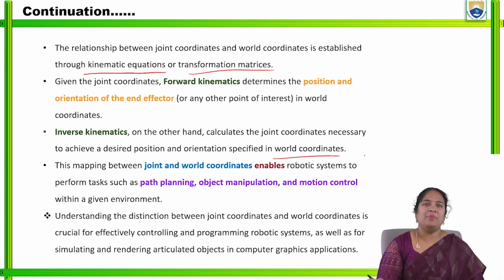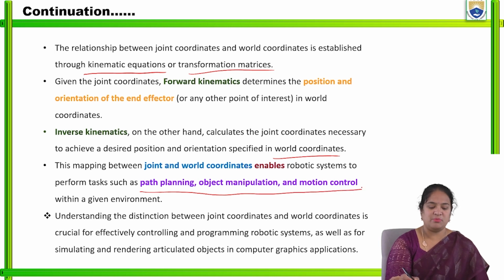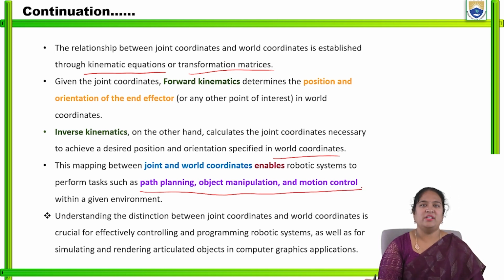Right? So this mapping between the joint and world coordinates enables the robotic system to perform tasks such as path planning, object manipulation, and motion control. The joint and world coordinate systems are used for path planning, object manipulation, and motion control of the robot. Clear? So, a better understanding of this distinction between joint coordinates and world coordinates is crucial for effectively controlling and programming robotic systems.